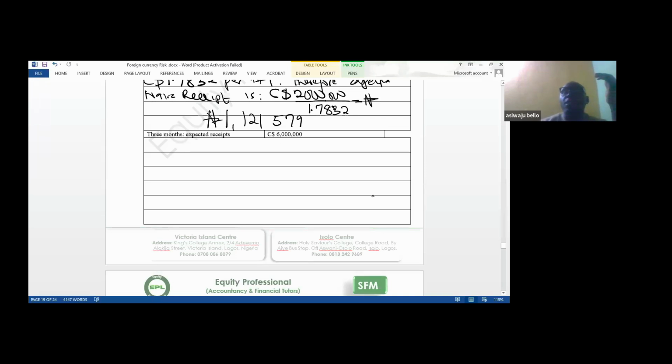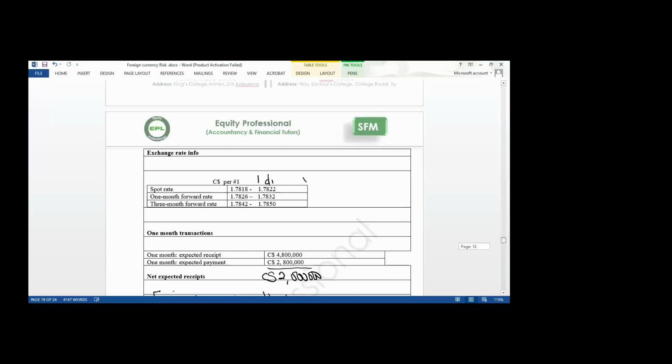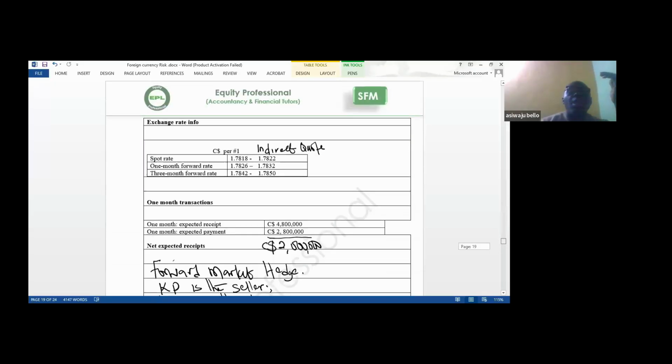In this case, you cannot use 1 month forward rates. We move to 3 month forward rates.